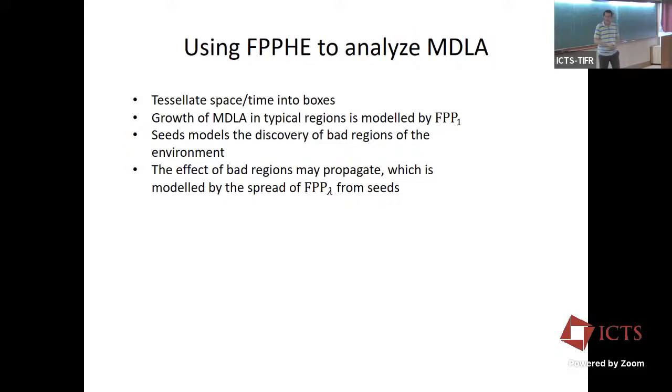Let's imagine MDLA in the model with high density, so mu close to 1. Let me give you an idea why this model is interesting. Let me try this here. What we do is, let's tessellate. So this is MDLA. We tessellate, say, space into boxes.